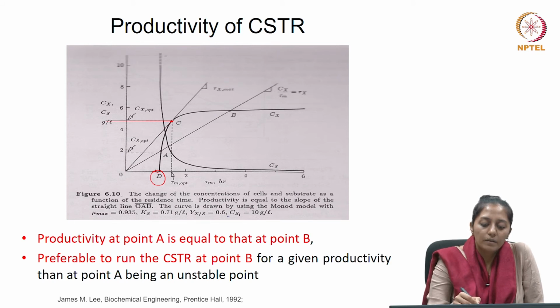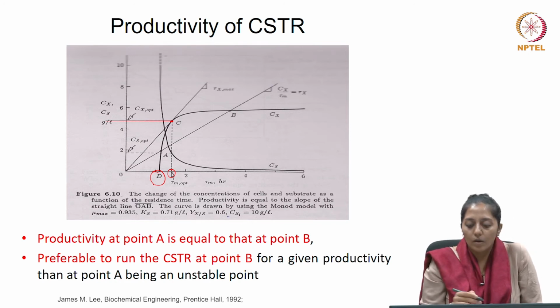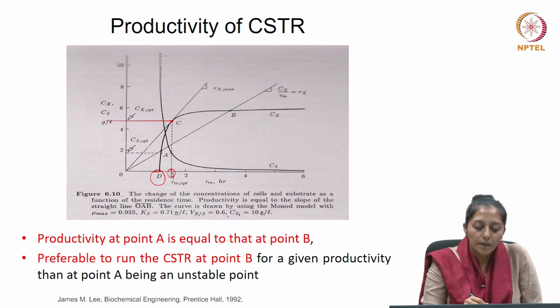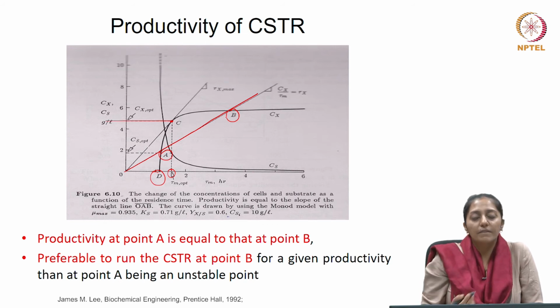and on the x axis it will be that residence time or the D optimum. If you see the line OAB, it is cutting the curve at 2 points A and B. This would mean that the productivity, which is nothing but the slope of this line, is the same at B and at point A, which means we have a choice.